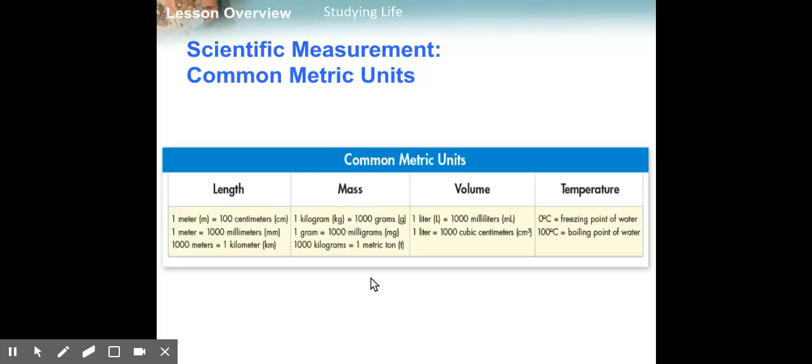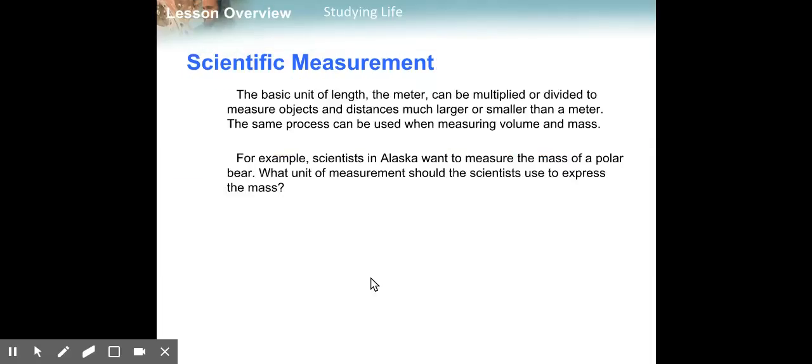We won't spend a whole lot of time on measurements, but it's important things to understand. You don't want to be totally lost when somebody starts talking about something being 72 centimeters long and you have no clue how long that is. Again, the meter or any other measurement can be multiplied or divided to figure out mass and volume.